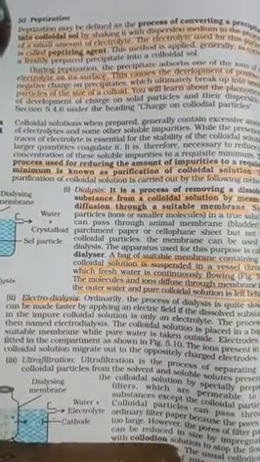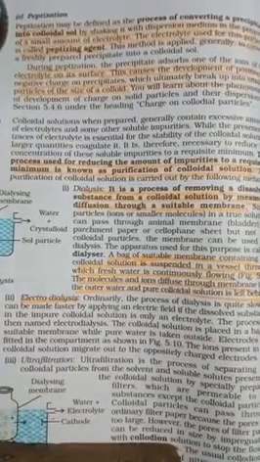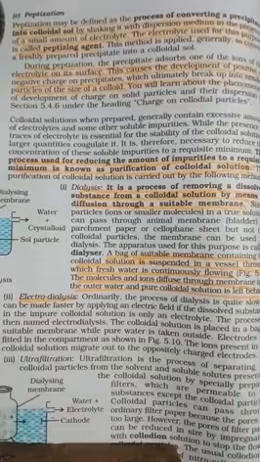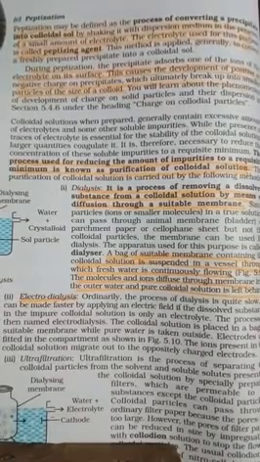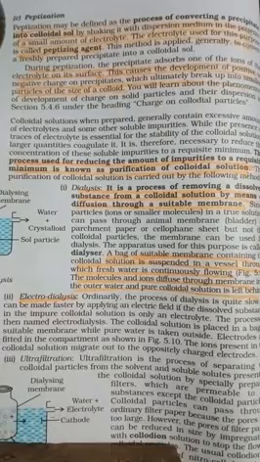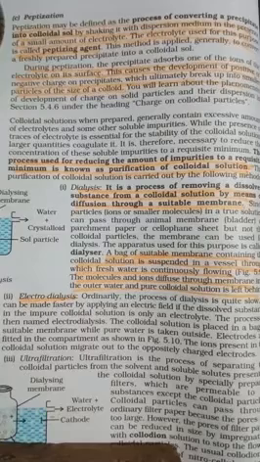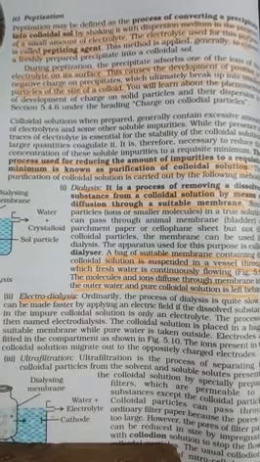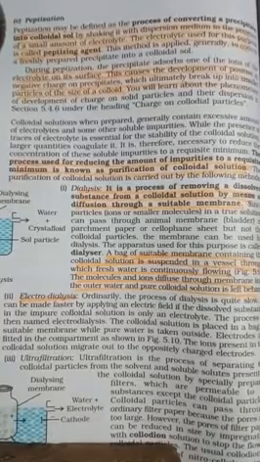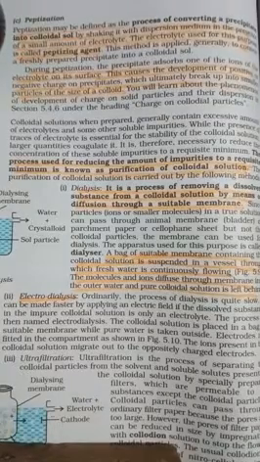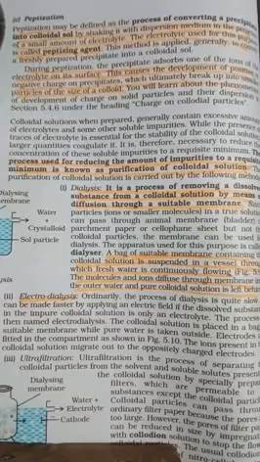Next is peptization. Peptization may be defined as the process of converting a precipitate into colloid. The process of converting a precipitate into colloidal solution by shaking it with a dispersion medium in the presence of a small amount of electrolyte. So in a particular medium you add your precipitate and add a small amount of the electrolyte, then shake well.